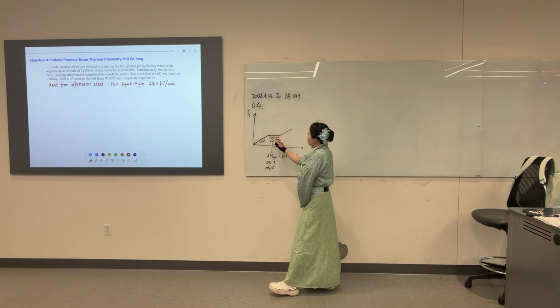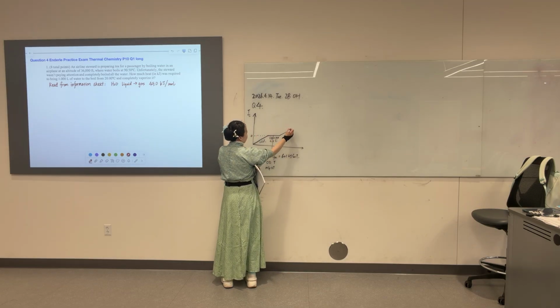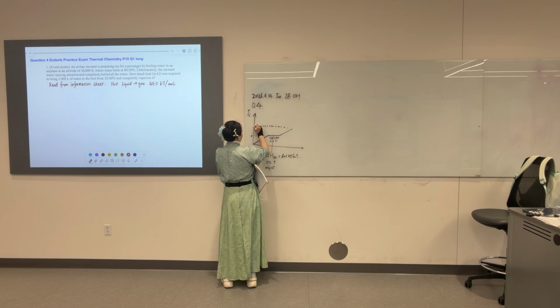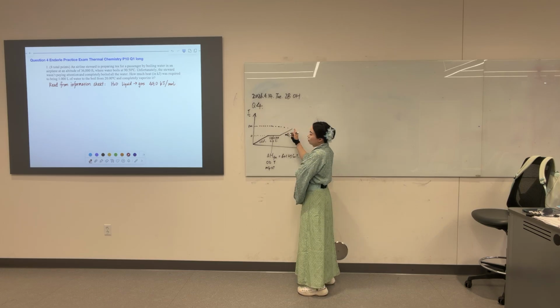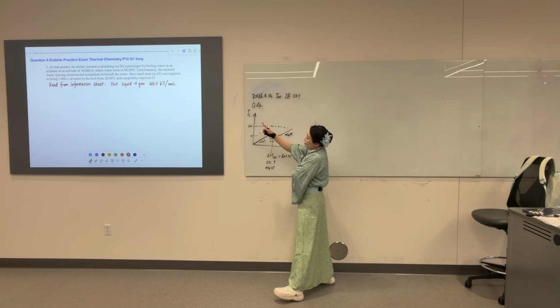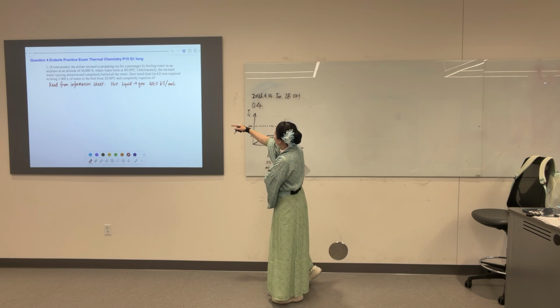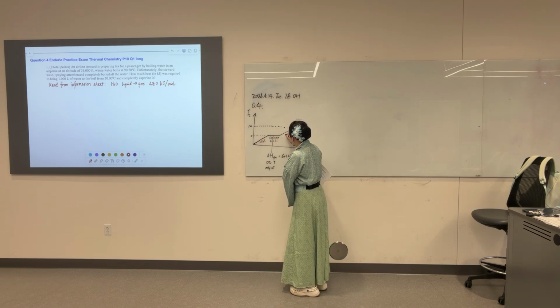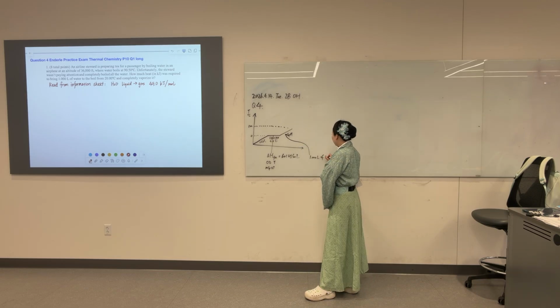Now from 0 to 100, what happened during that? That's mCp delta T, because you do have a temperature change now, based on how much water you have. It says I have 1 liter of water.